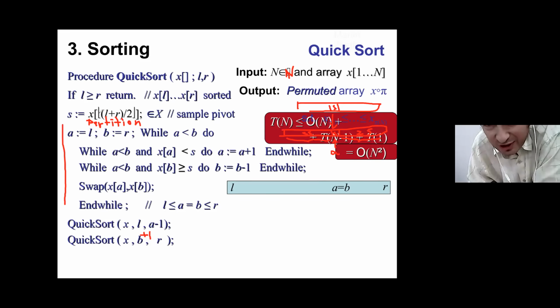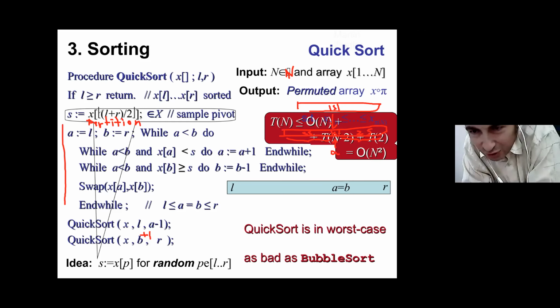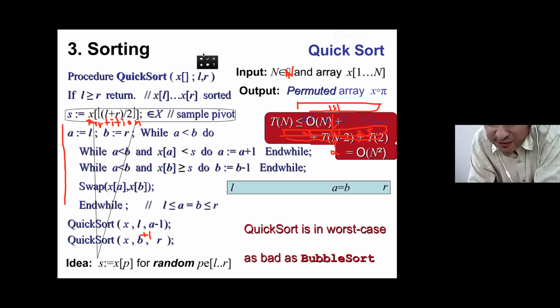And then we said also that you can make this random. You can choose a random element in the array, and I call this element a pivot.